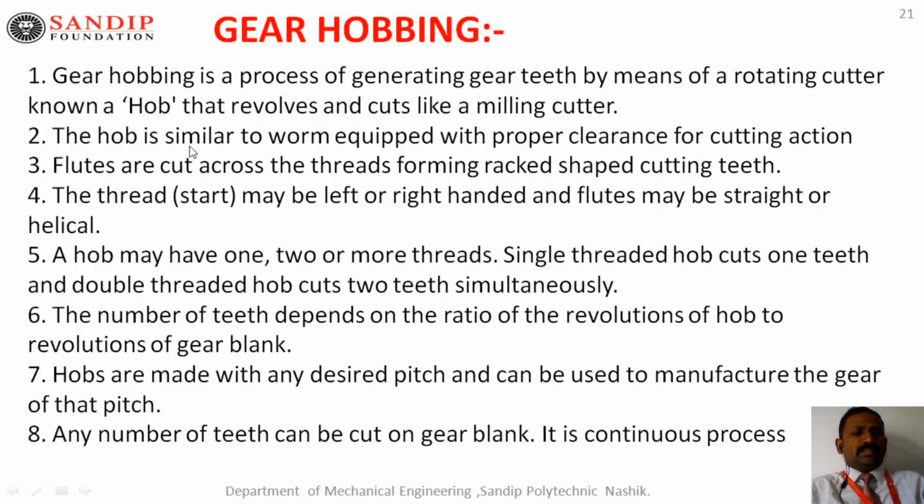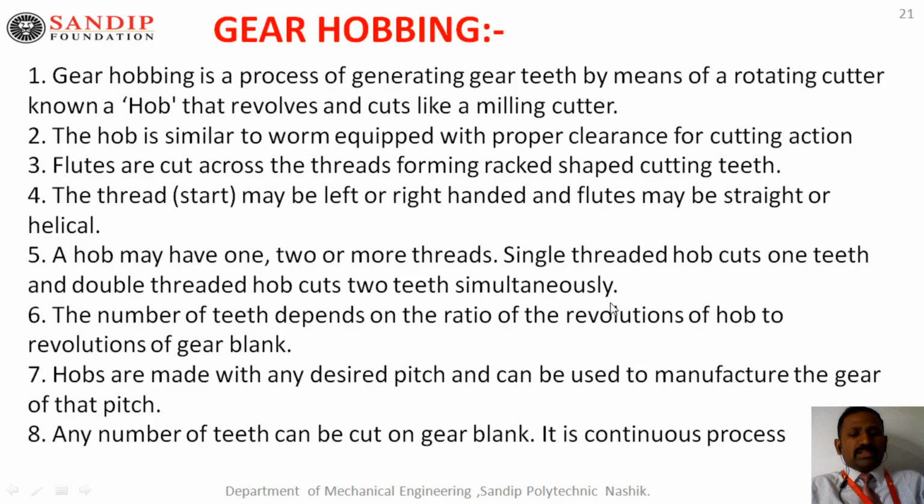The hob is similar to a worm or screw, with proper clearance for the cutting action. Cutting fluids are provided to remove the cut material. The threads may be left or right side. A hob may have one, two or more threads. The number of teeth depends on the ratio of revolution of the hob and revolution of the gear blank.